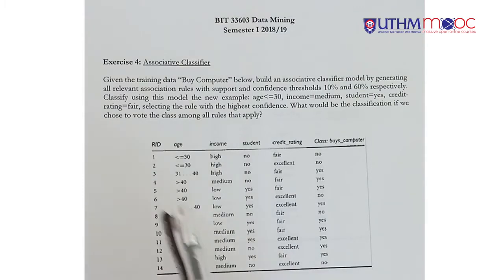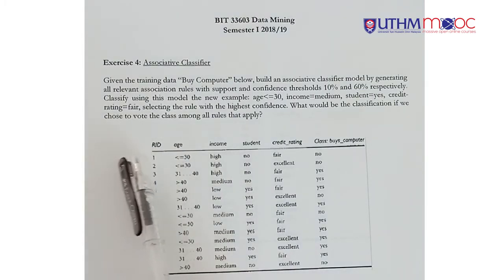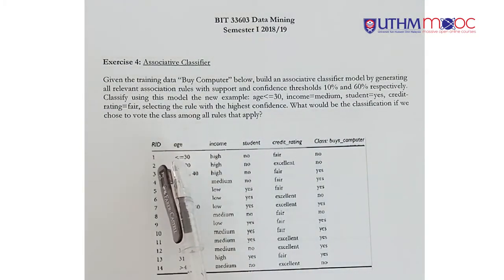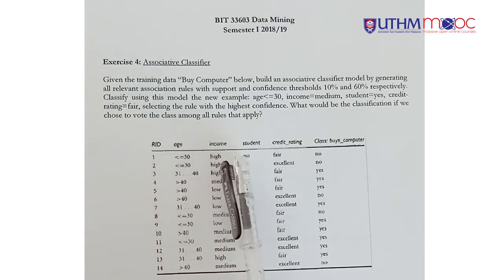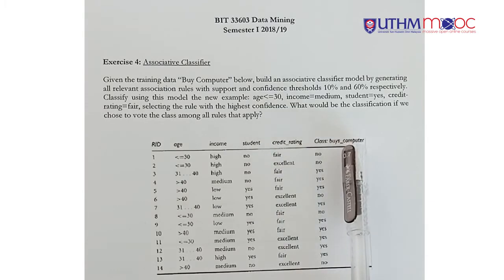For example, we have the first transaction: if a person with age less than 30 but his income is high, and he is not a student and his credit rating is fair, then he will not buy a computer.